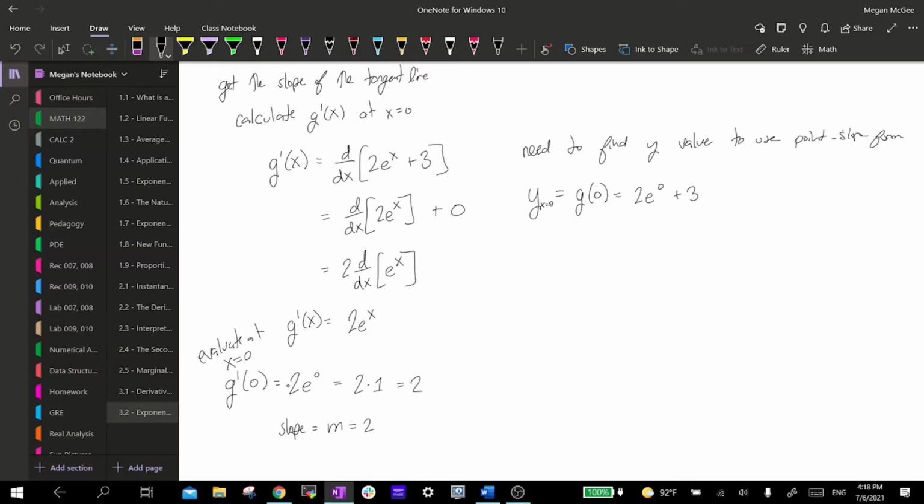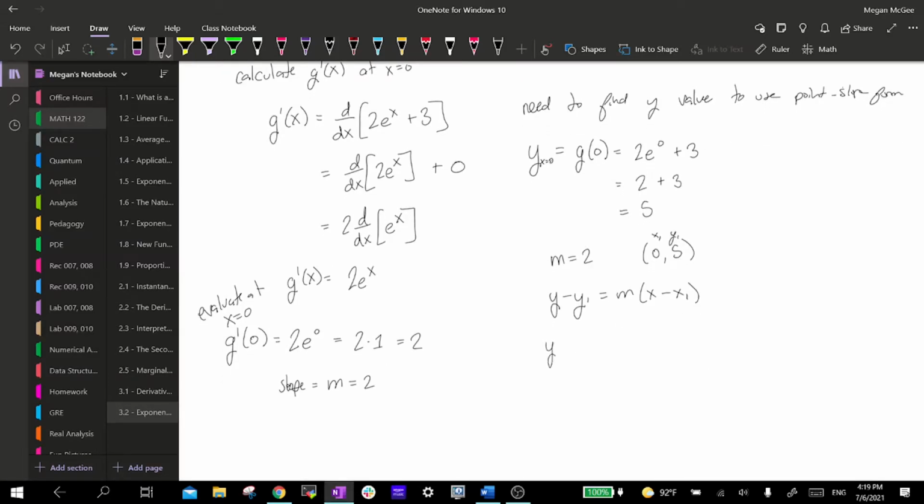We just talked about how anything raised to the 0 is 1, so we have 2 times 1, which is 2, plus 3, we end up with 5. So we have our slope is equal to 2. We have our x and y values of 0 and 5. So now we need to plug them into our point-slope form, which looks like this, where our point gives us our x1 and y1 values.